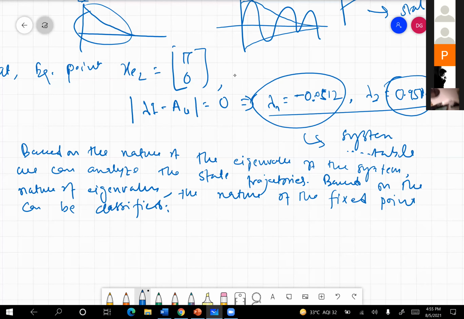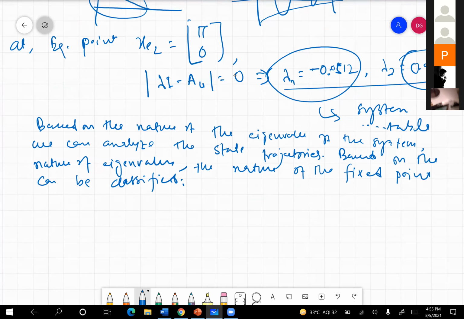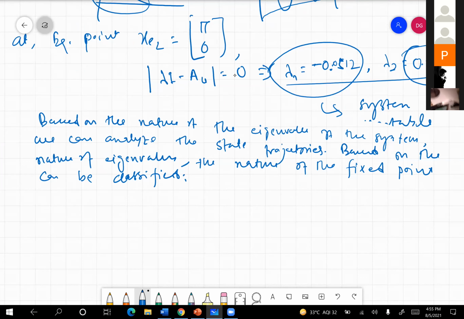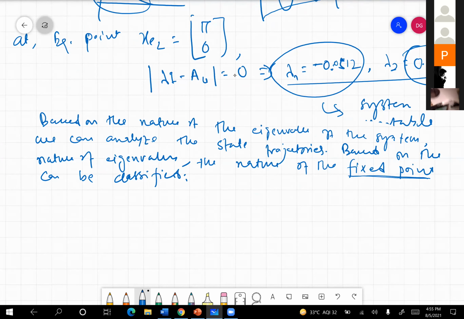So this classification is based on the nature of the fixed point. What I have drawn there, if you remember, is my vector field, and I have considered some region of attraction or some region about this equilibrium point. Based on this fixed point, how my system will behave around it, I can see through the phase portrait trajectory.